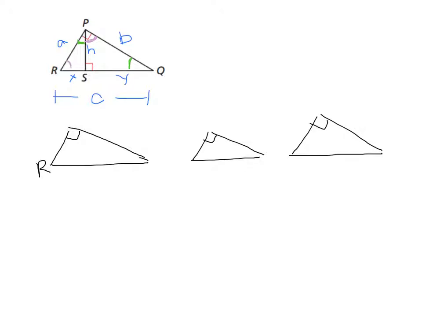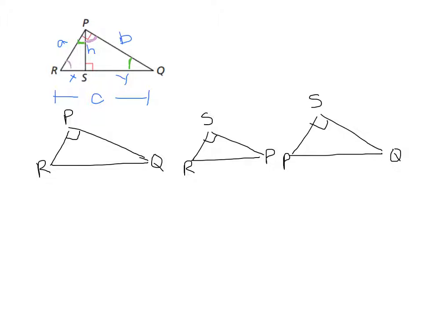My first triangle is the big triangle. The next triangle is the smallest triangle. The third triangle is the medium-sized triangle where we have Q over here, S is the right angle, and then P.